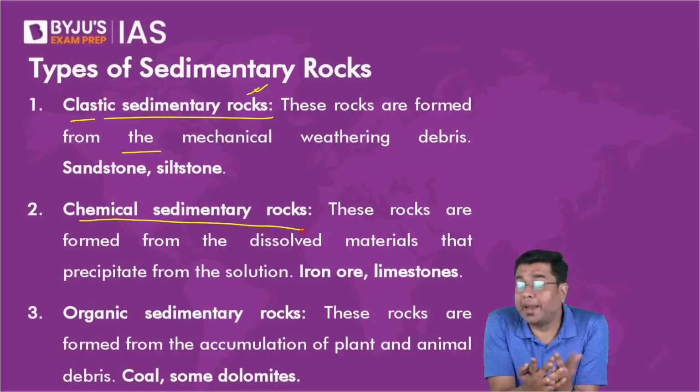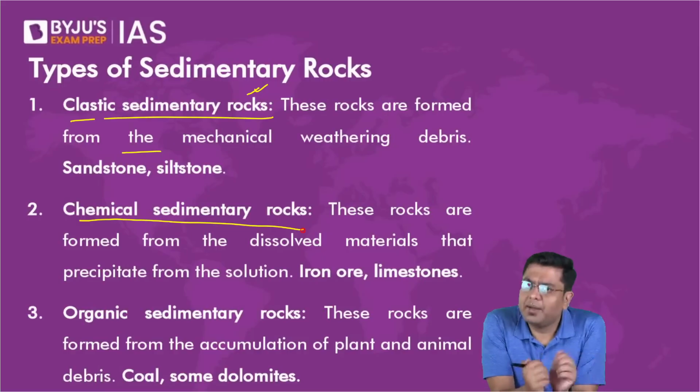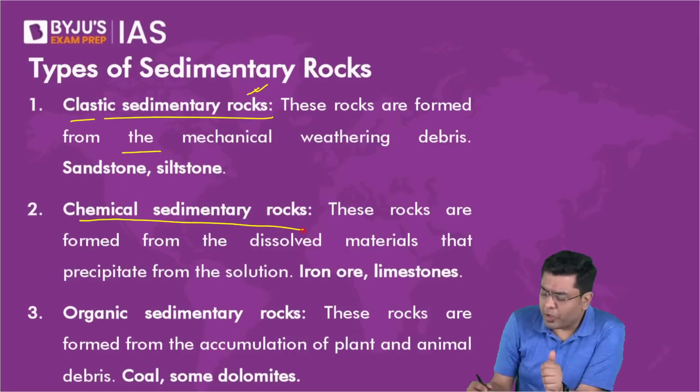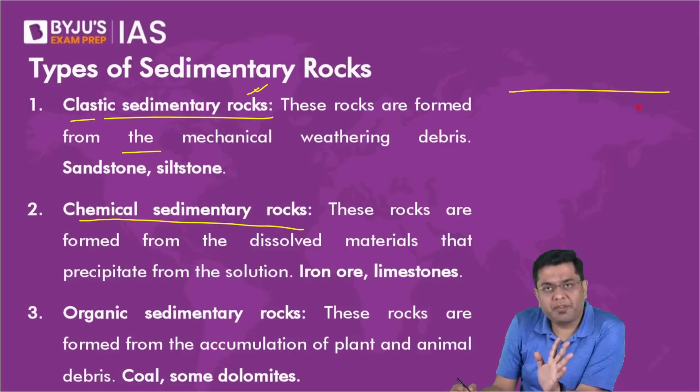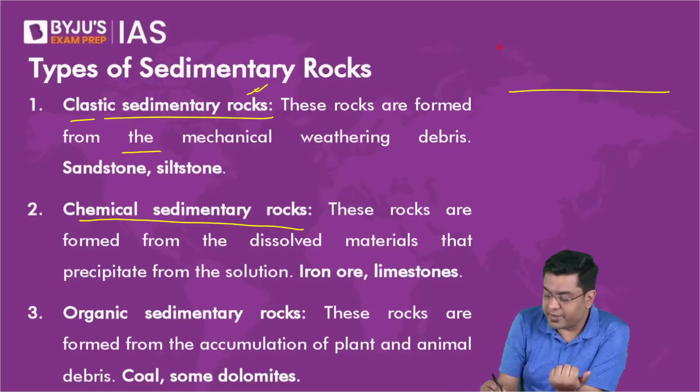Now, iron ore and limestone are examples of chemical sedimentary rocks. Even though nobody is going to ask you in UPSC how these rocks have been created, you should be aware of that. So let's understand how iron ore was created. Then I will tell you very briefly how limestone also came into existence.